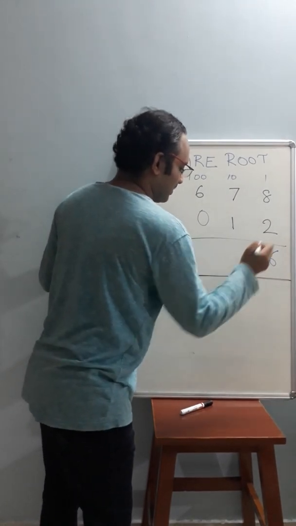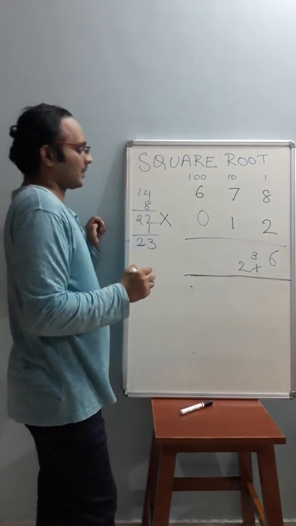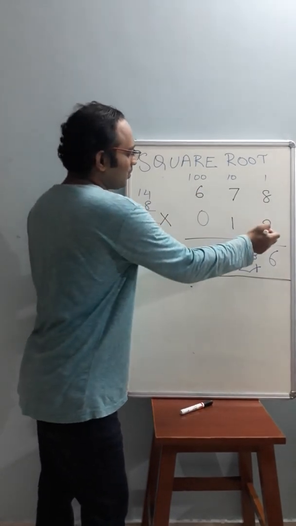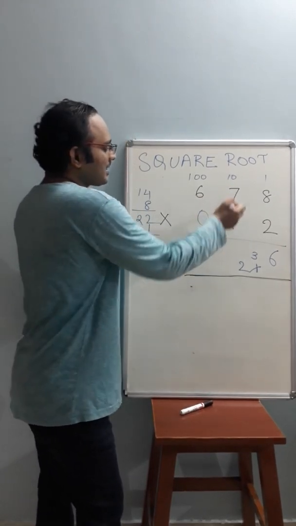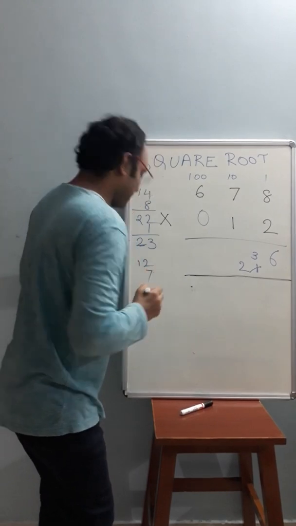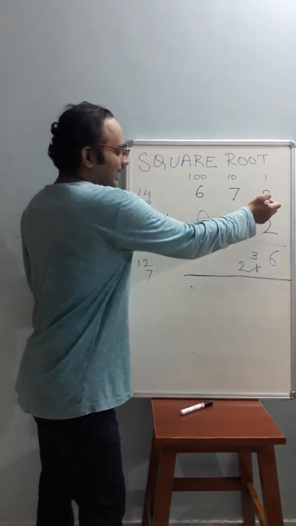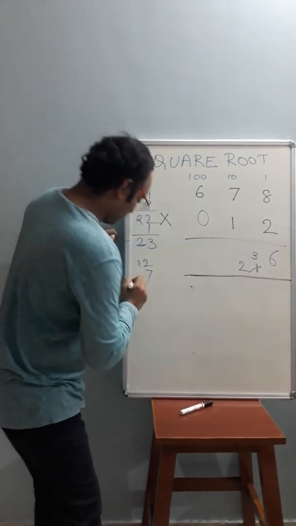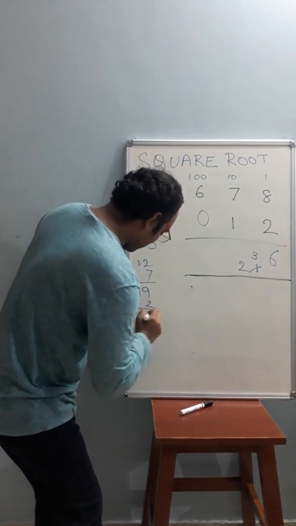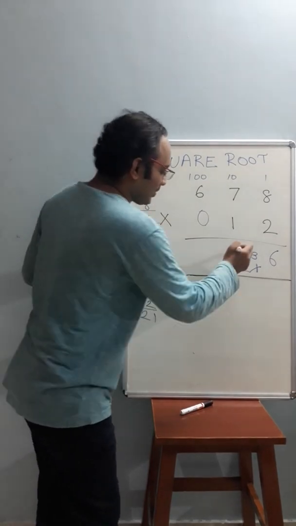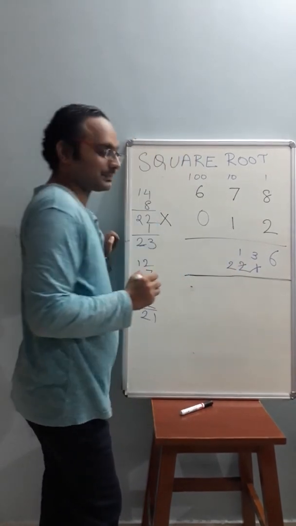This 2 would go as a carry to the hundreds place. 6 into 2. 6 hundreds into 2 is 12 hundreds. 7 tens into 1 tens, that is 7 hundreds. 0 hundreds into 8 is 0 hundreds. By adding this we get 19 plus 2 as a carry, we get it as 21. 1 would go as hundreds place and 2 would come to the thousand place.